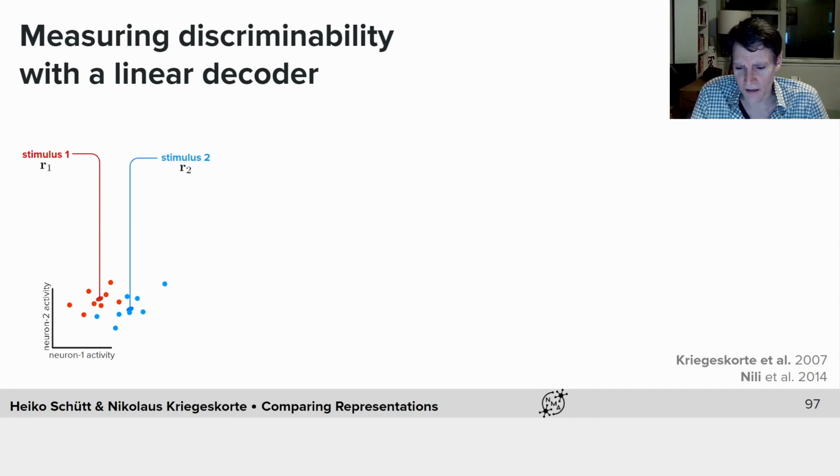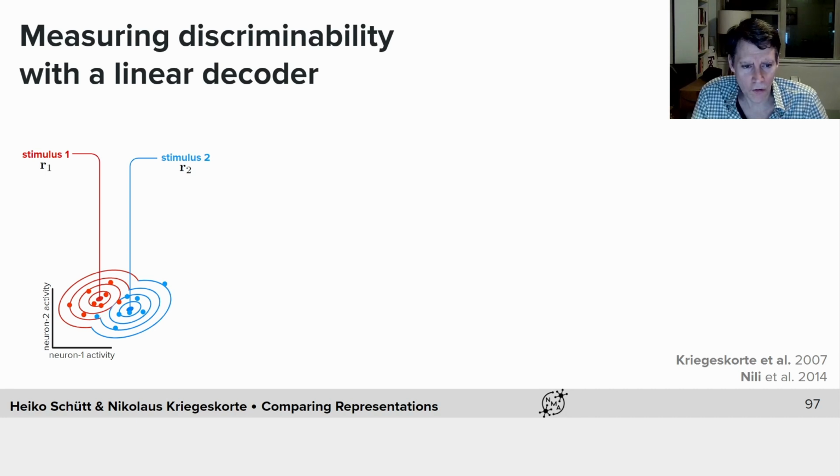To test that, we can attempt to decode the stimulus from the brain activity patterns. And if these distributions associated with each of the two stimuli were Gaussian distributions, we could estimate the covariance matrix here, the mean and the covariance matrix, which would define these Gaussians.